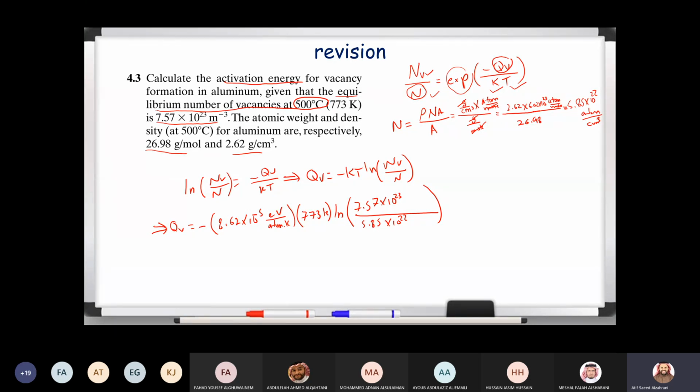The number of vacancies is wrong. The number of vacancies is what? Again, I cannot hear you. So what did we do wrong here, guys? Or what did we forget to do, basically?